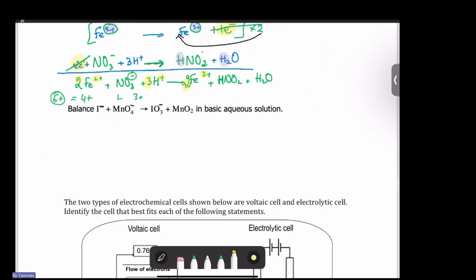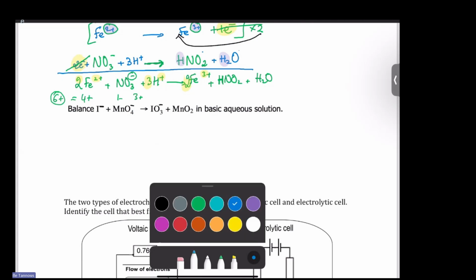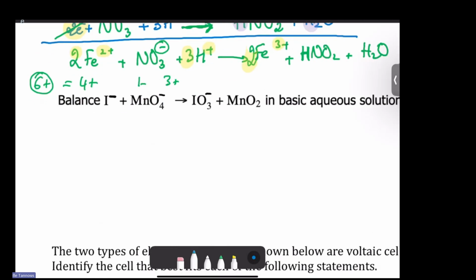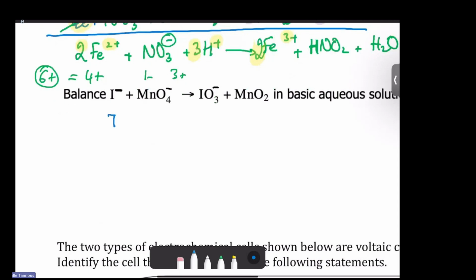Another example. Balance. Okay, so I'm going to split it. This is an acidic medium. I minus, IO3 negative. So first I count the atoms. 1I, 1I. Done.